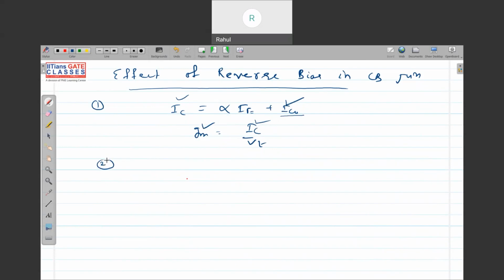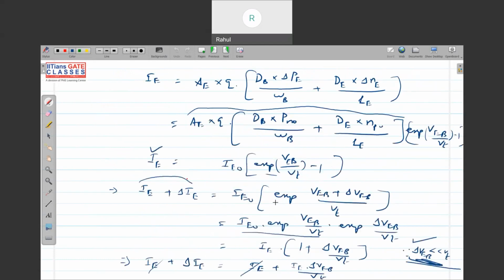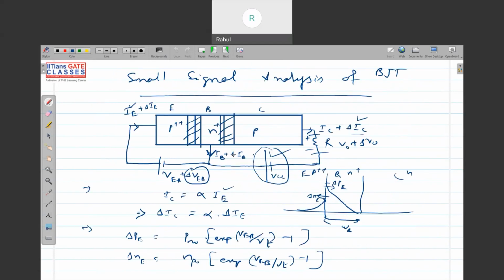The second issue is called base width modulation. We already discussed this earlier. When we reverse bias this junction, the depletion width will widen, because when you increase the reverse bias, the depletion width in the base to collector junction will be widened.